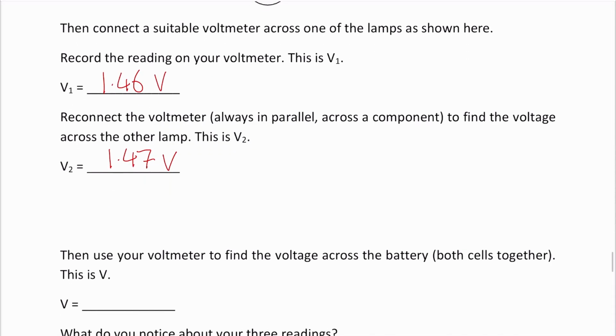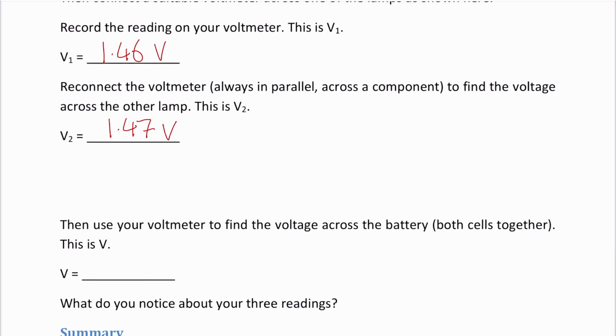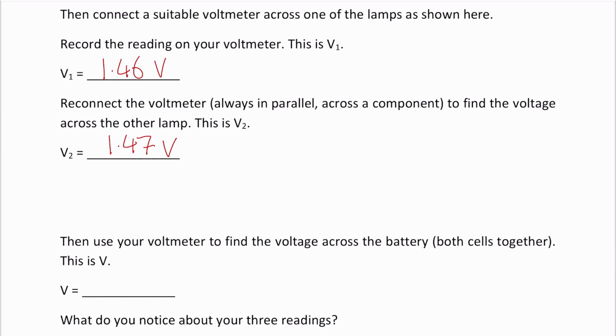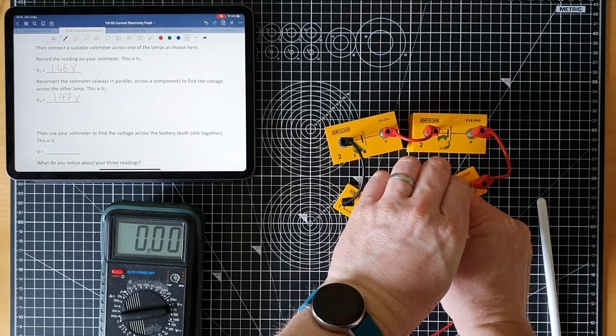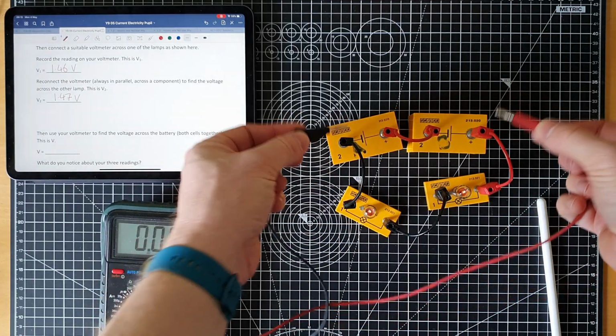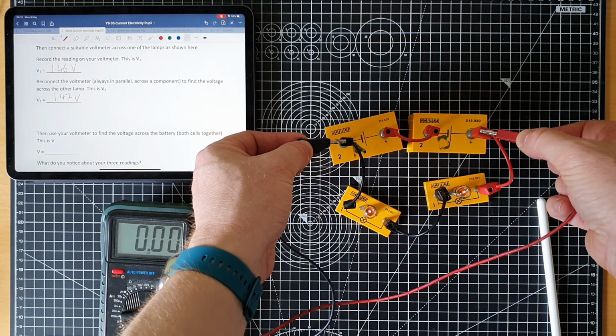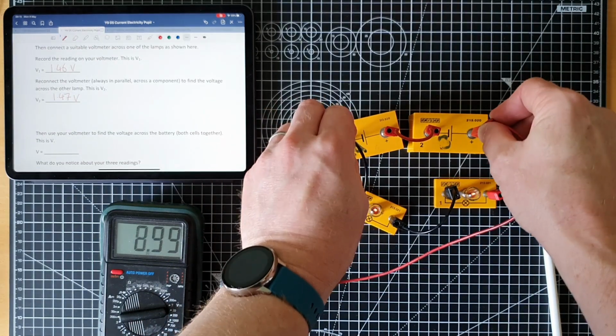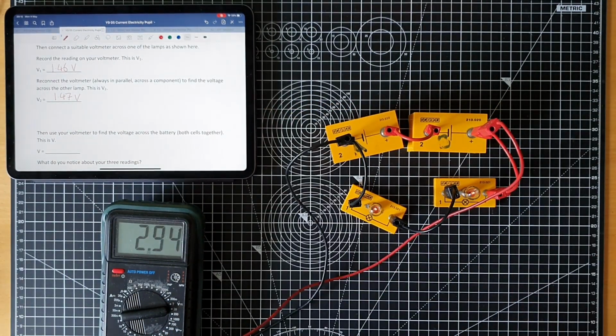Then it says use our voltmeter to find the voltage across the battery, which is both cells together. So to do that, I need to connect it into these terminals so it's across the whole battery. We're getting 2.94 volts.